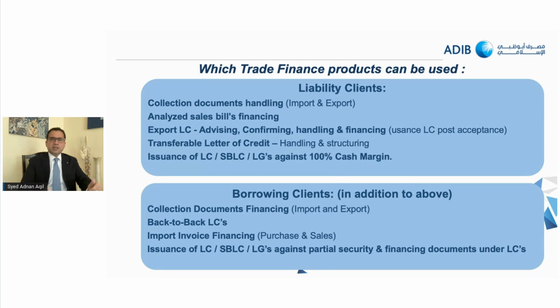The same goes for export LC. We have advising, confirming, handling, and financing, as I said earlier, in evaluation. Even in export LC, if the LC is a usance LC where the issuing bank agrees to pay on a certain later date, we can finance those LCs and pay you upfront, but that's post acceptance.